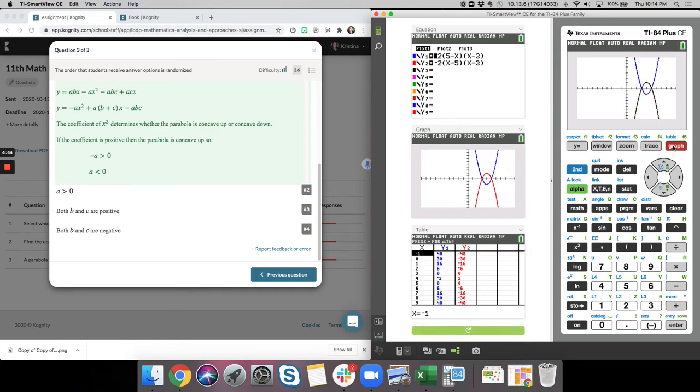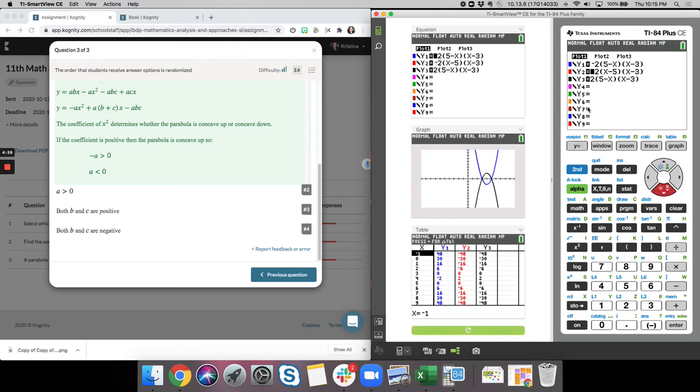Graph. Lo and behold, this equation is actually the exact same as Y2, and it's concave down. So that's one counterexample to both B and C being positive.